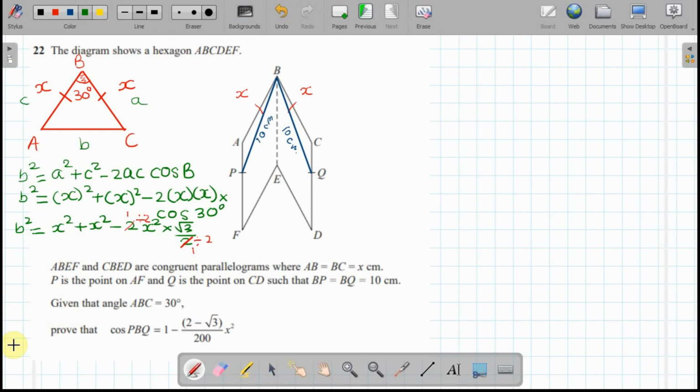So I'll write this below. b squared is equal to 2x squared minus root 3 x squared. If I square root both sides, I'll get the value of b.